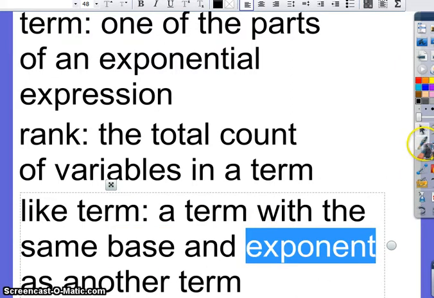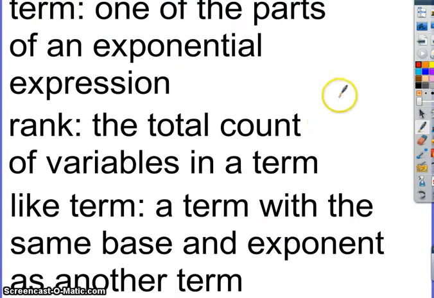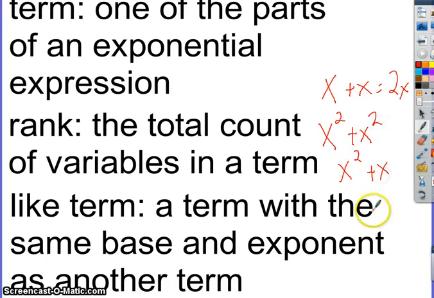So in other words, we're used to being able to add x plus x to make 2 x's, but not x plus y. But now we need to worry about the exponents. So you can add x squared to x squared, but you cannot add x squared to x. Okay?